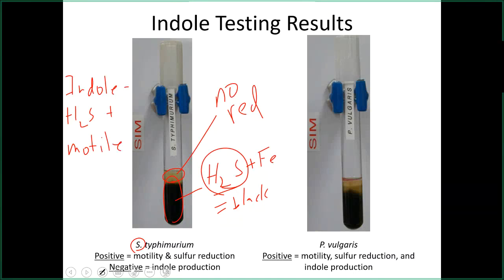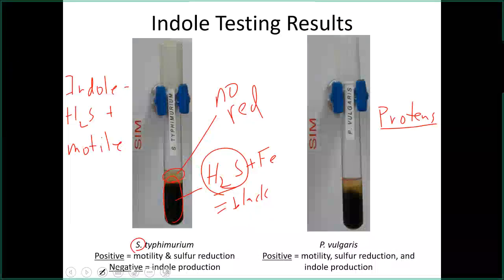That means it is capable of having motility. So Salmonella has that result, at least that species. And then this is another common coliform, and it is Proteus vulgaris, right? And this one has exactly the same result as Salmonella. So it has sulfur reduction.